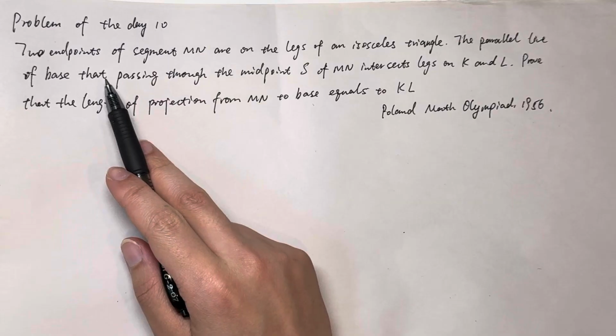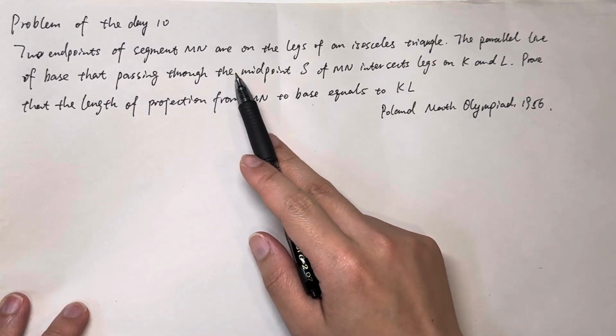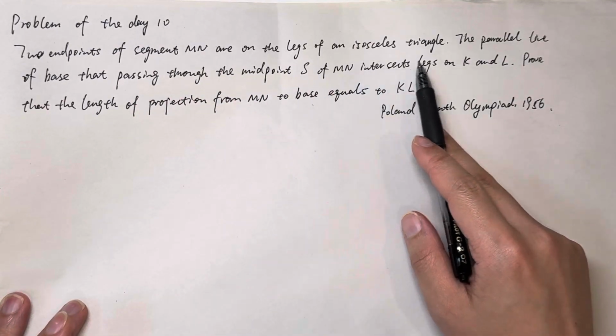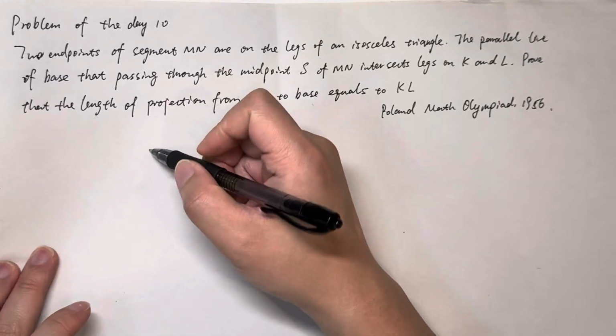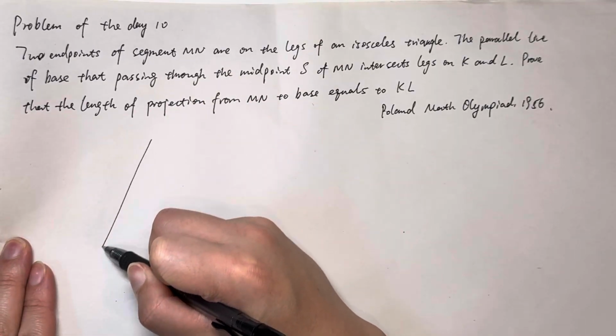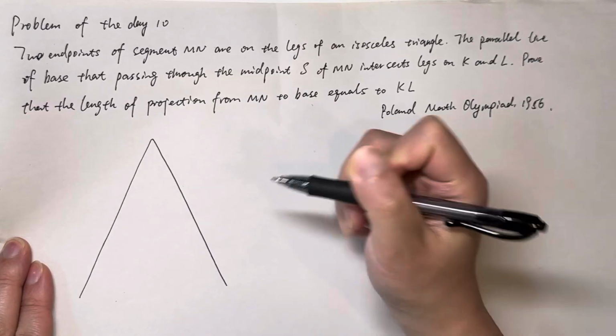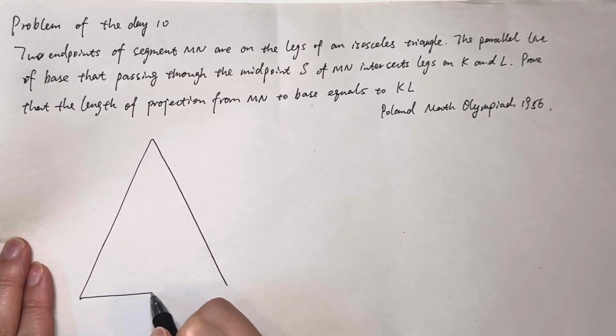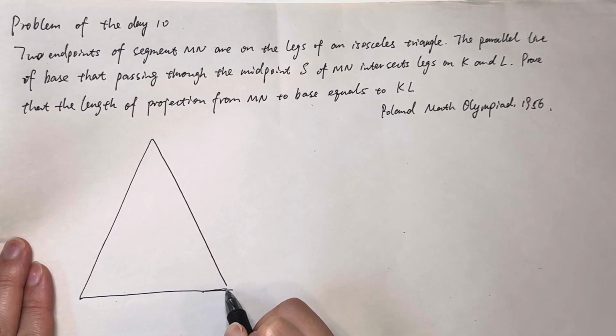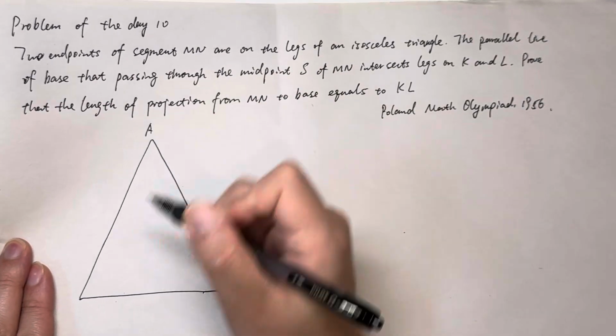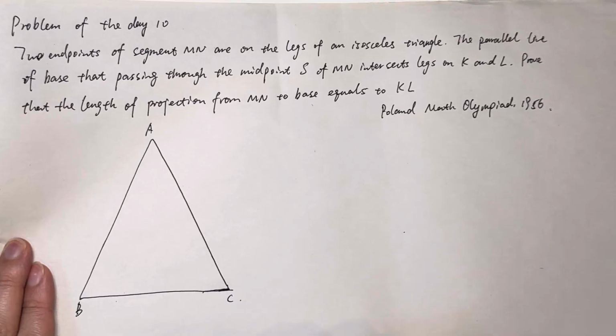Two endpoints of segment MN are on the legs of an isosceles triangle. So let's just draw the figure first. This is an isosceles triangle ABC.